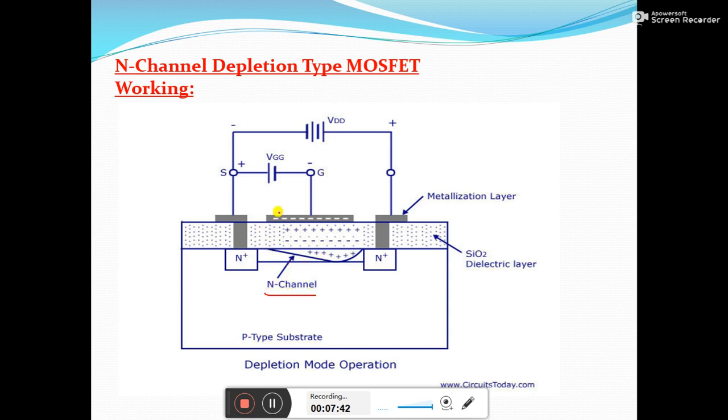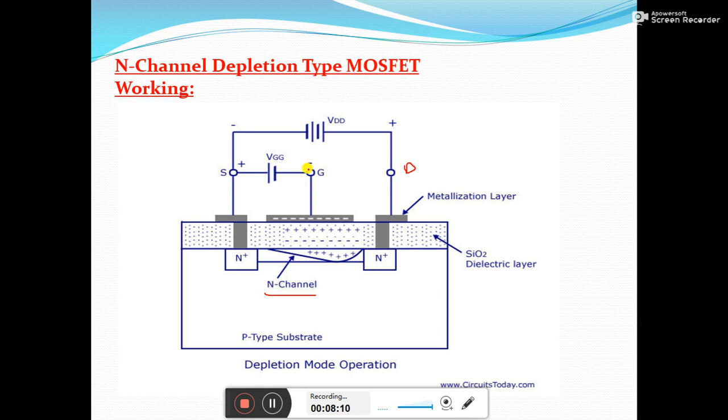We will apply the potentials like this between the drain and source: the drain is made more positive with respect to source. This is the drain terminal, and this is made positive with respect to source, means this would be negative and this terminal would be positive. And between the gate and source, we will apply a negative voltage, in the sense gate is made negative with respect to source.